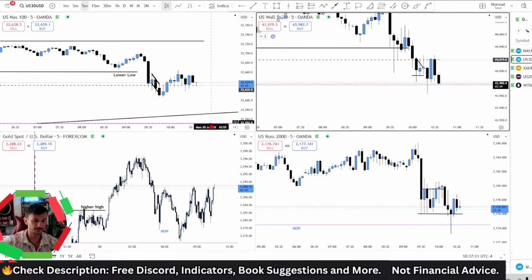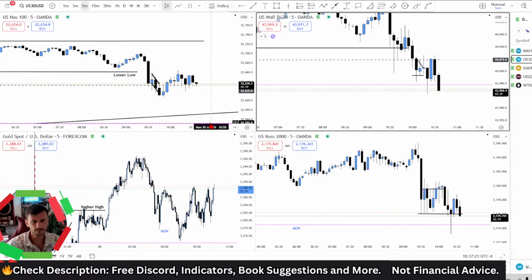If the target's really far away and I'm able to have a small stop, making the risk to reward higher, I'd be willing to scale into that trade more because my risk to reward will be greater. And it's a good setup, right?